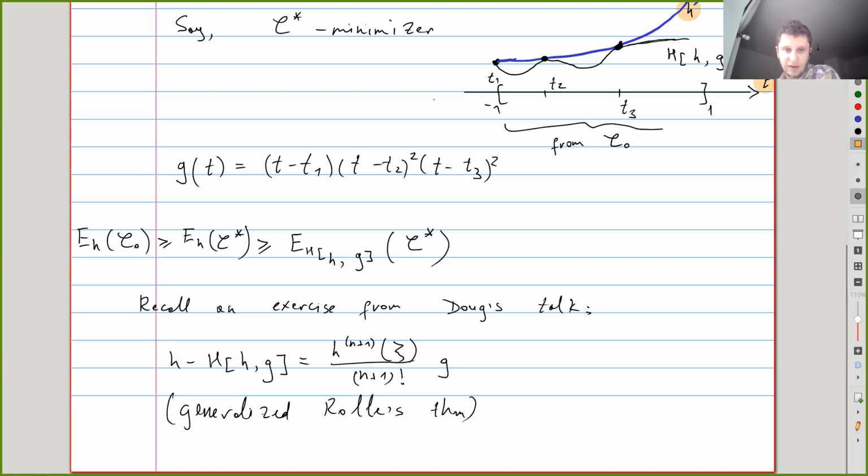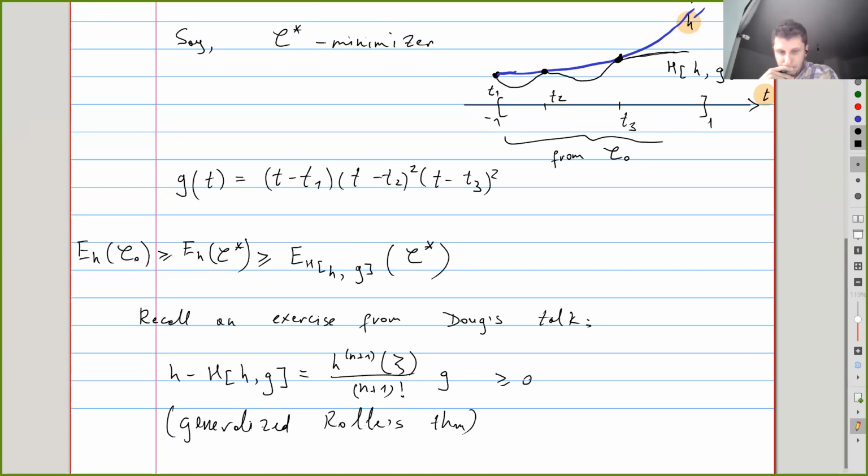So, okay, let's look at this polynomial g. G is non-negative everywhere inside negative 1, 1, right? If you can guarantee that derivatives of h up to the number of angles plus 1, with multiplicities, are positive, then you know that this is greater than or equal to 0.